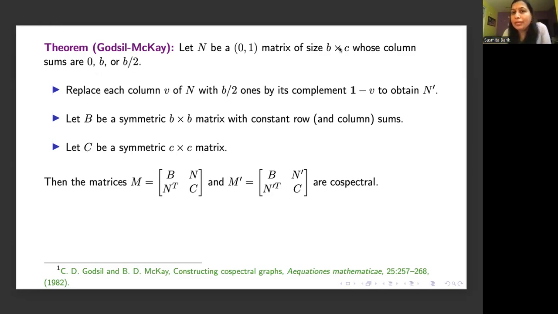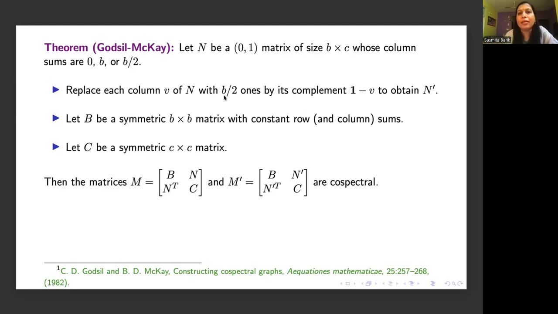So the matrix has B rows and C columns, and the column sums are either 0 or B or B by 2. That means he is putting zero columns, or all-ones columns, or half ones and half zeros.